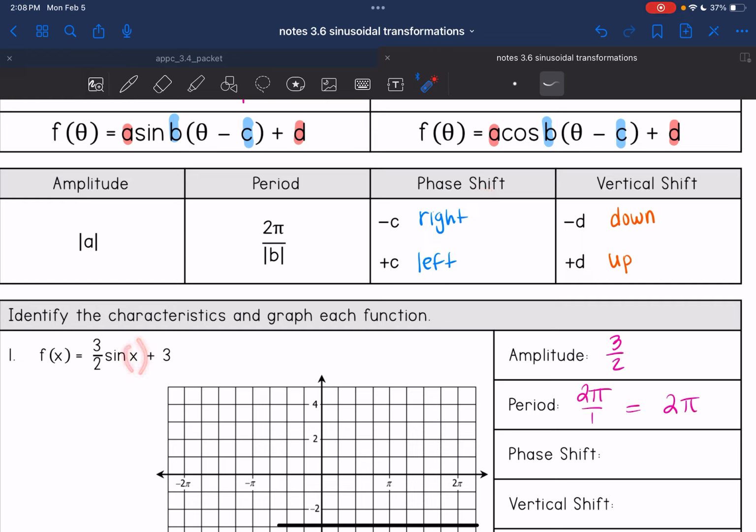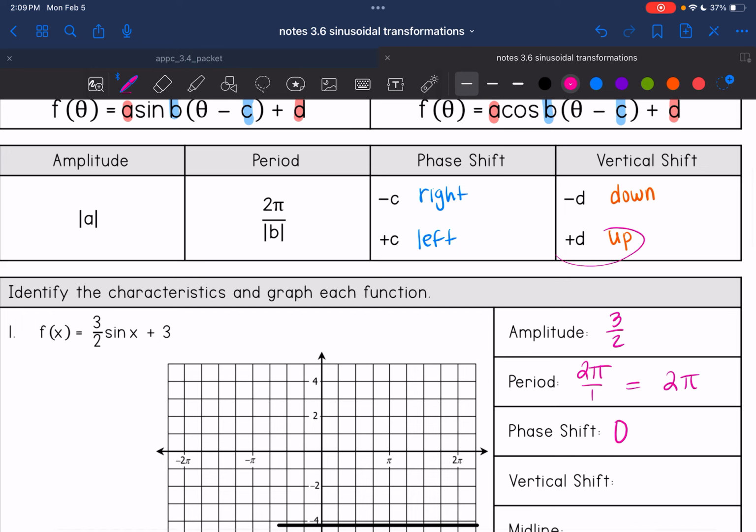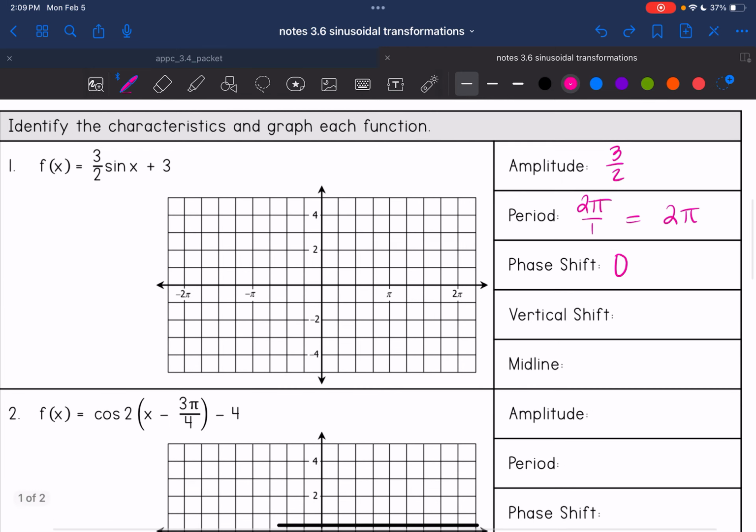There's no parentheses here, so that means our phase shift is 0. It is not moving left or right. And then vertical shift, plus 3 at the end. That means that it is going up. That also means that our midline is going to be at y equals 3.